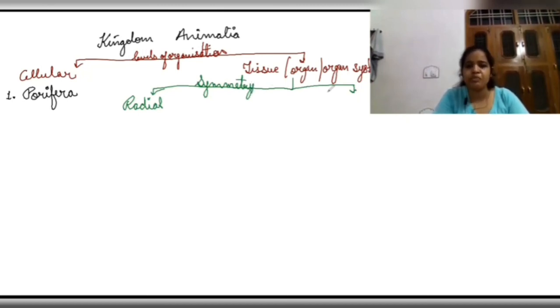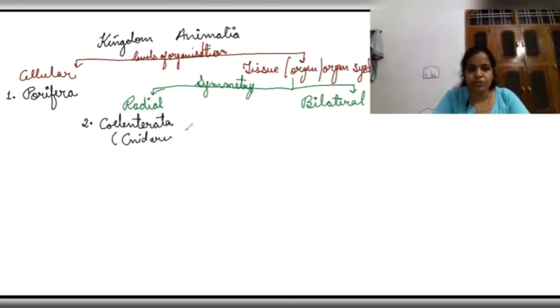And another one is bilateral. Clear? Now, the radials have two phyla present in them. Number 2 phylum is Coelenterate. The coelenterates are also known as Cnidaria. Clear? So don't get confused with the names.